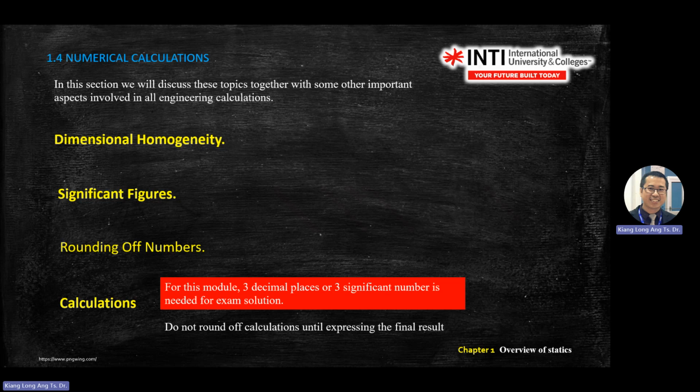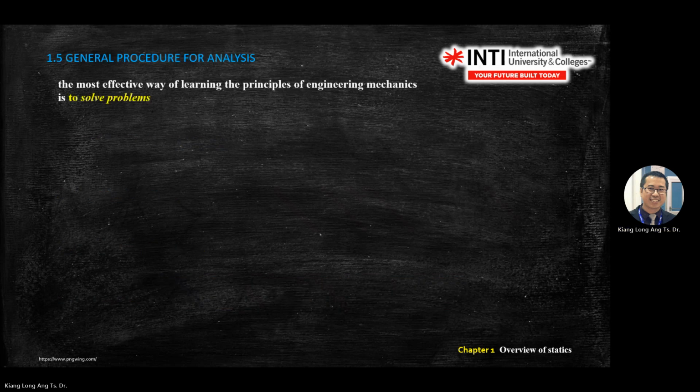The purpose of asking for 3 decimal places is accuracy. For example, for gravitational acceleration, we will ask you to use 9.81 meter per second squared rather than 10. Don't use 10 for gravitational acceleration. In SPM or secondary school tests, if you use 10, you're still correct. But when it comes to university level, use a higher accuracy value.